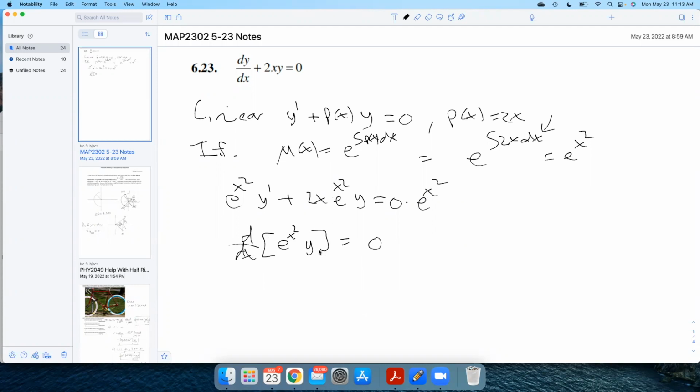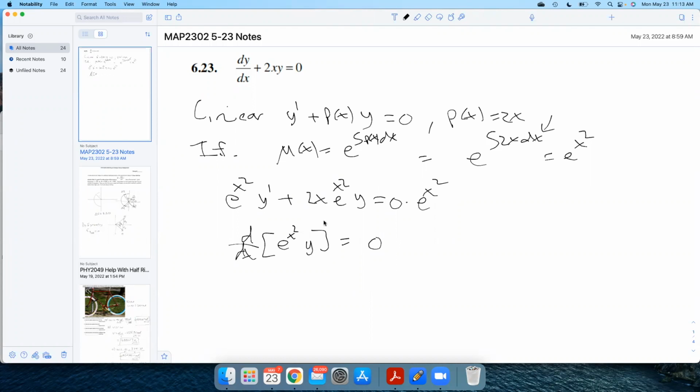And we should check that. So the product rule derivative, remember y is a function of x. So I've got two functions multiplied here. The derivative of e to the x squared times y would be derivative of the first. That's chain rule.